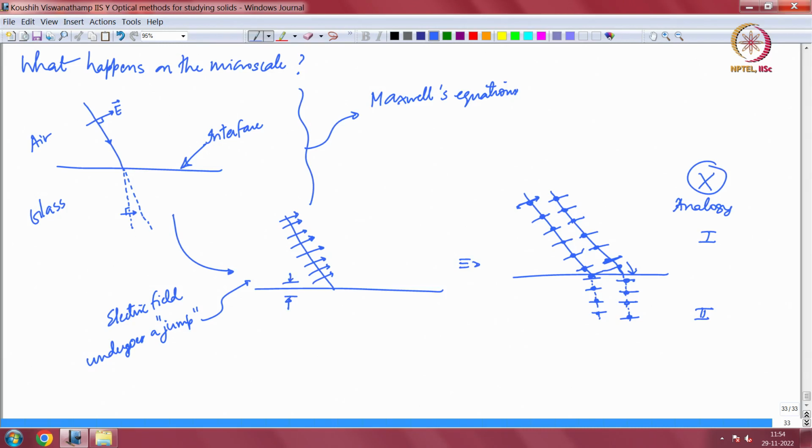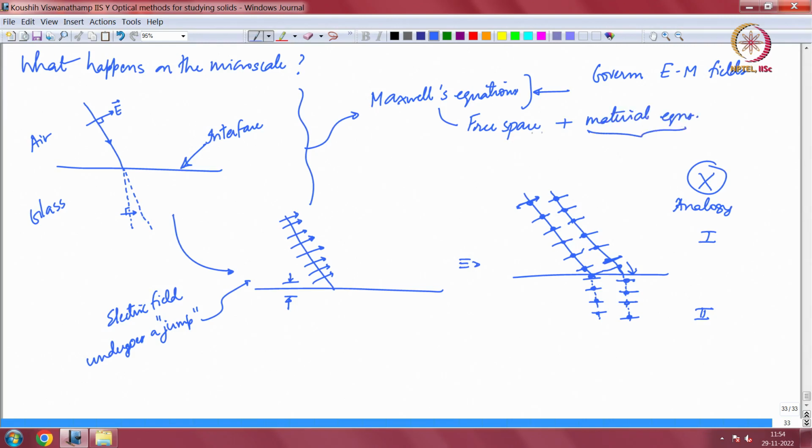Now, in order to quantify this jump, you have to look at Maxwell's equations, which basically govern electromagnetic fields. There are two variants of Maxwell's equations: the free space equations, and what are called the material equations.